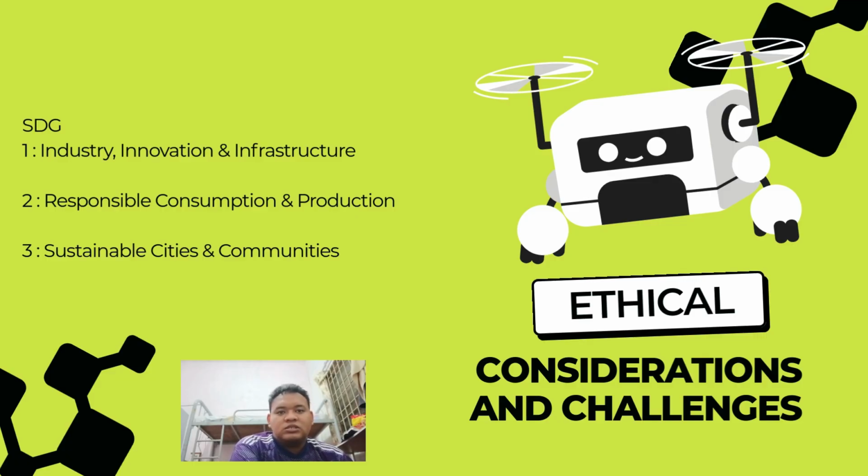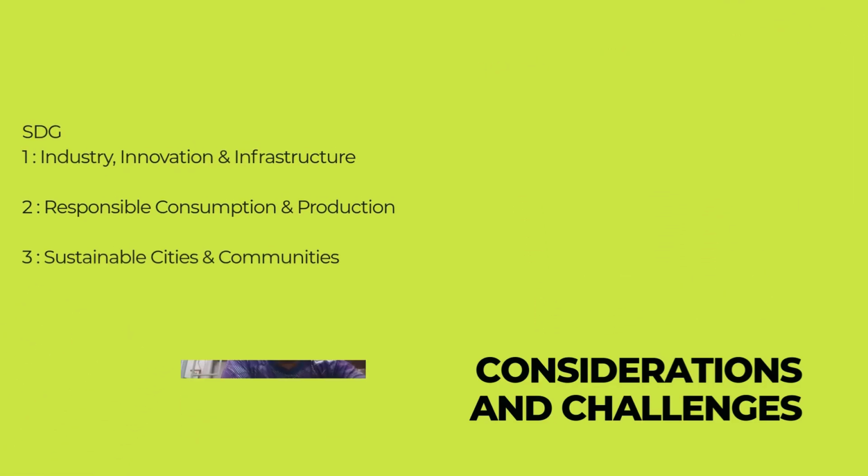And the last one is sustainable cities and communities. A calibrated camera supports smart city applications such as traffic monitoring, structural inspection, and environmental mapping. With accurate spatial interpretation, this ensures a safer and more efficient urban system.